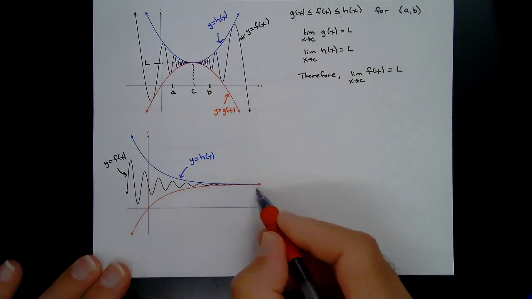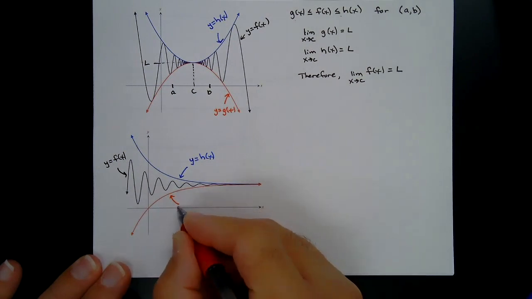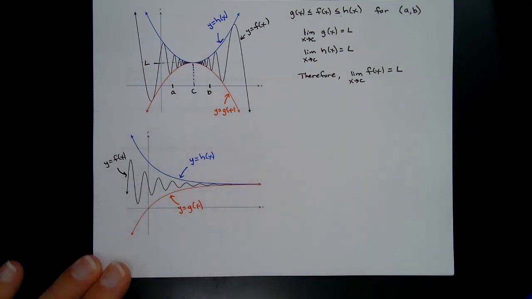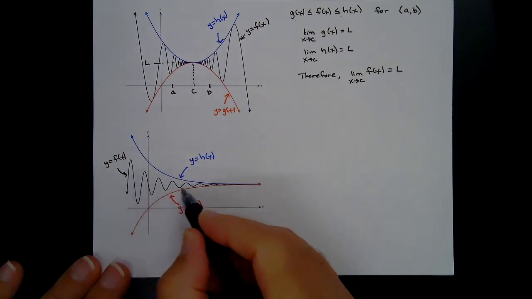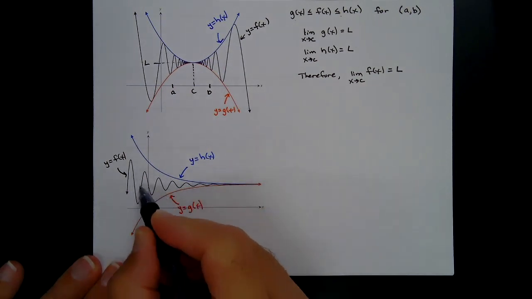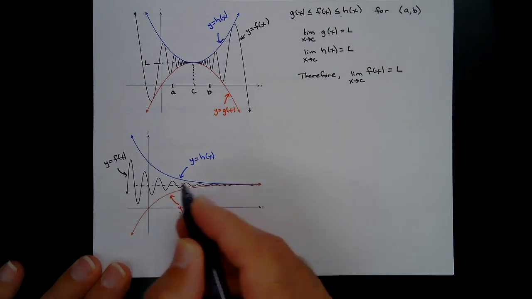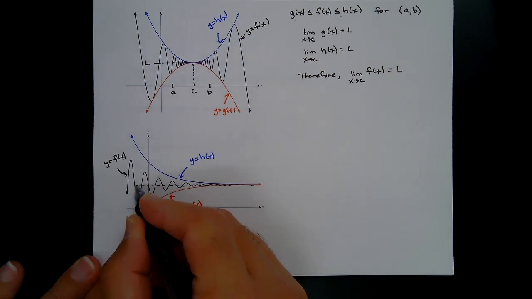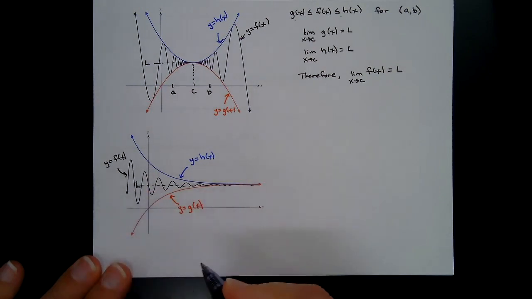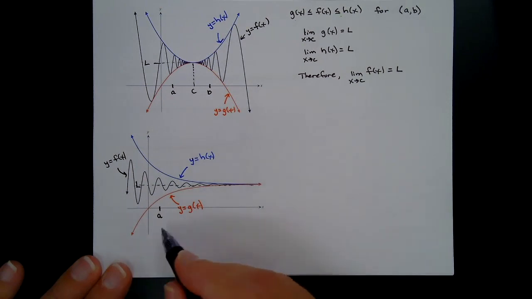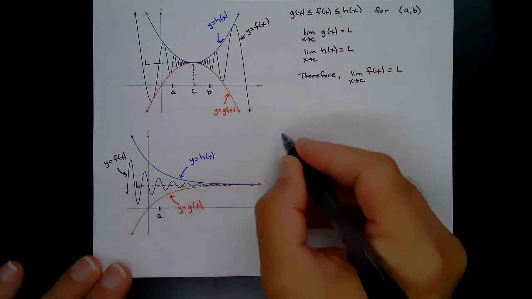And then this bottom one right here is y equals g of x. If you look, this is approaching this value right here, and this would be my L as x goes to infinity. So this is going to be my L value. Somewhere in here is going to be my A. So what do we know? We know g of x is smaller than the f of x.